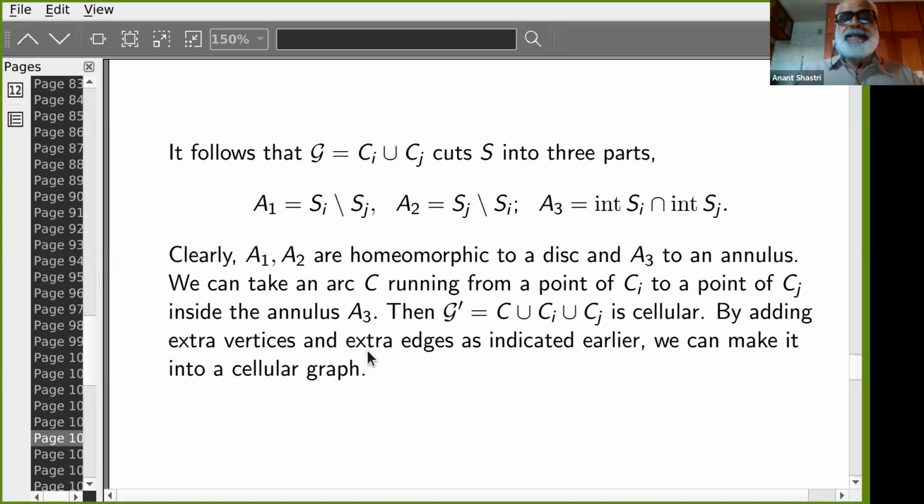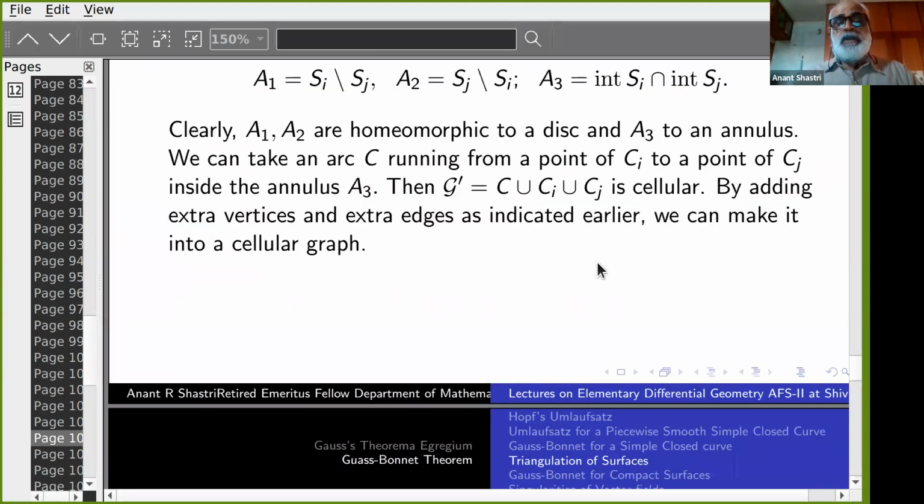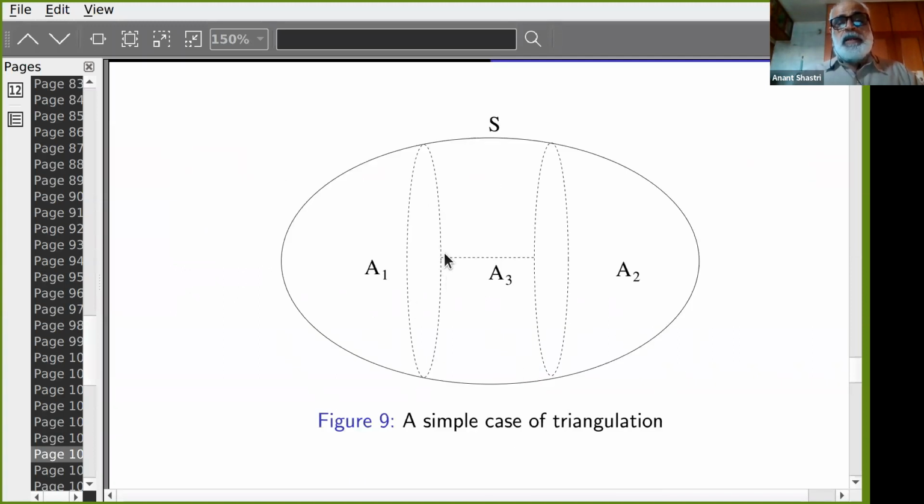By adding extra vertices and extra edges, you can make it into a cellular graph and a cellular triangulation also later. So this is a picture here. A1 is this portion, A2 is this portion, A3 is the cylinder, or annulus, here. You cut it by introducing one extra edge here.